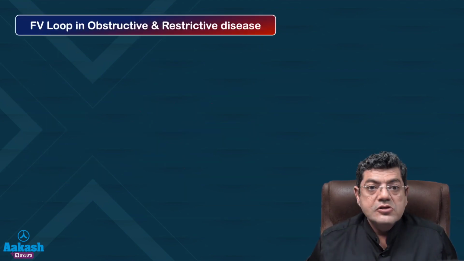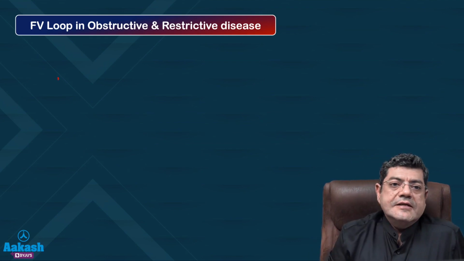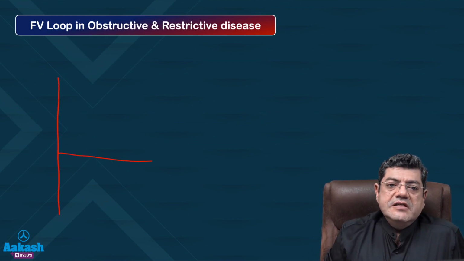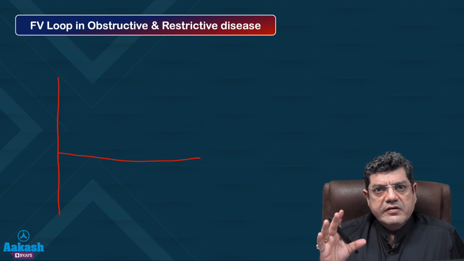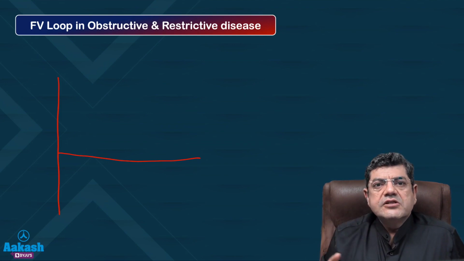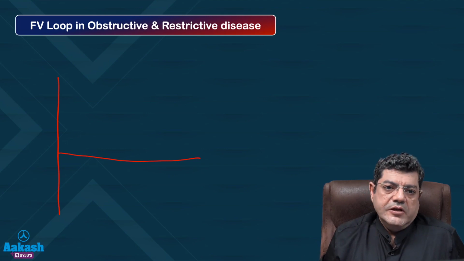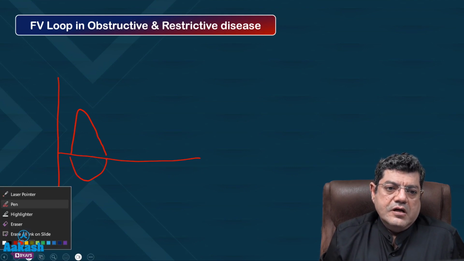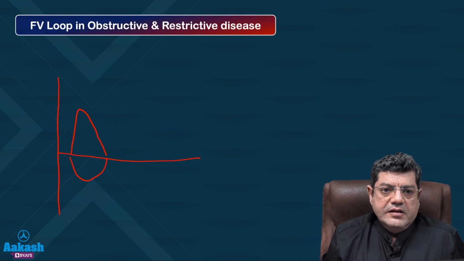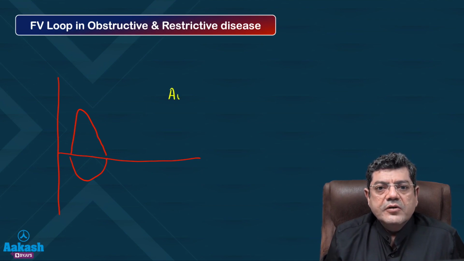What happens to this loop in obstructive disease? So, in obstructive disease, because the airways are narrowed now, they will shut off earlier than normal airways. So, if that's the normal loop, the airways are going to now shut off earlier, and therefore there is going to be the phenomenon called air trapping.